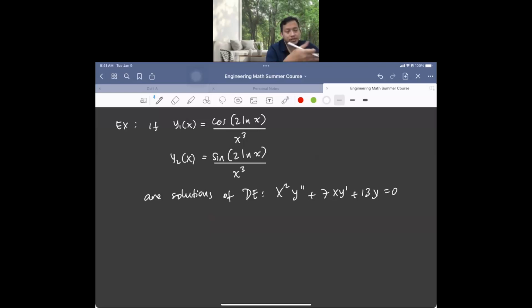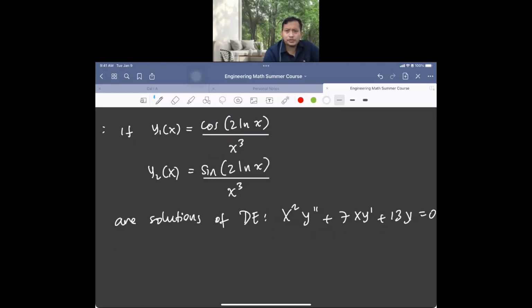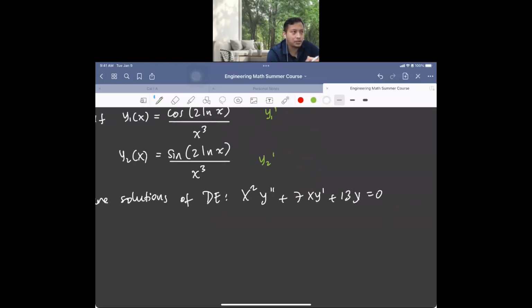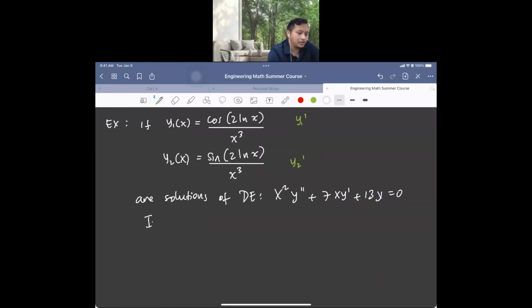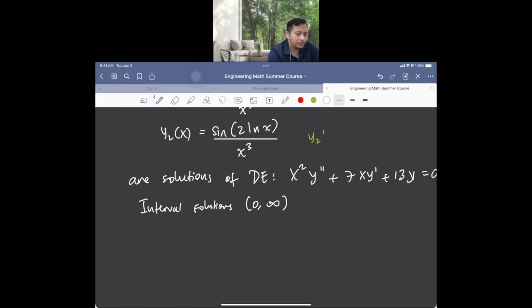Okay, let's say we just have this as our solutions, and if we want to check using the Wronskian, notice that we need to find y1 prime, y2 prime, etc., right? The interval of the solution, I forgot to write, is from 0 to infinity.